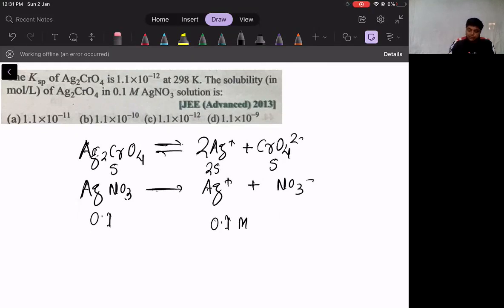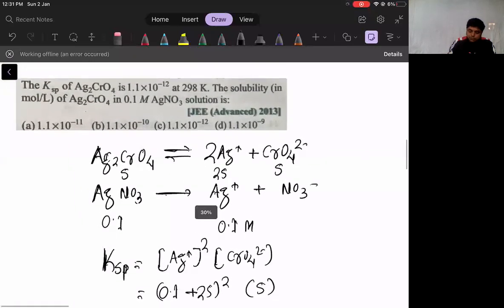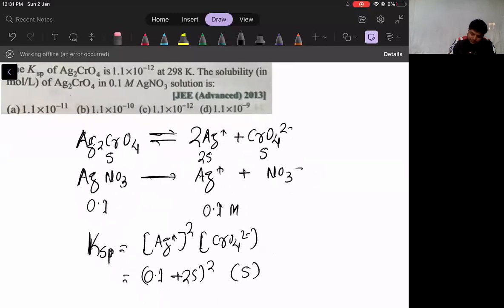So when we have some dissociated ion in solution from two different sources, the equilibrium never knows where it is coming from. So the KSP value, however, will remain constant because this is an equilibrium constant, and this will be the Ag+ concentration squared into the CrO4 2- concentration. So the Ag+ concentration is (0.1 plus 2S) raised to power 2, and the CrO4 2- is S. So the KSP value is given here, and the KSP value is 1.1 into 10 to the power minus 12.